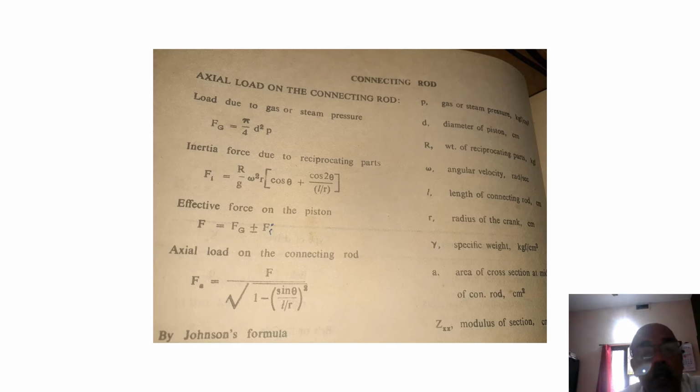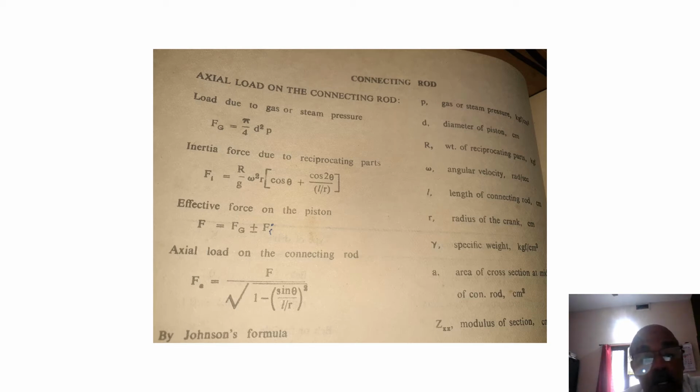Now first, load due to gas or steam pressure Fg is equal to pi d squared by 4 into P, where P is the gas pressure, and inertia force due to reciprocating parts Fi is equal to W by g omega square R into cos theta plus cos 2 theta divided by L by R. Effective force on the piston F is equal to Fg plus or minus Fi, because based on the action you have to put plus or minus.